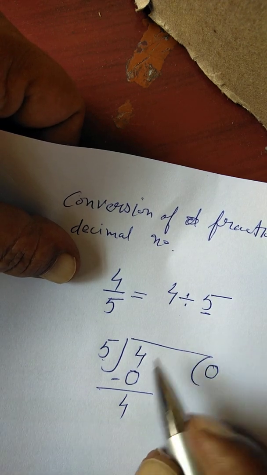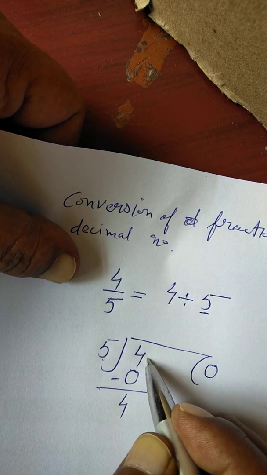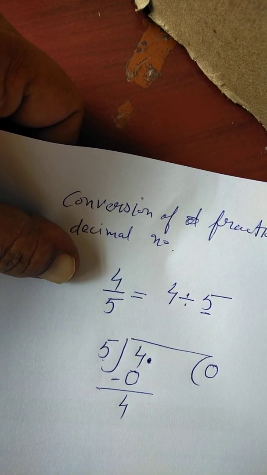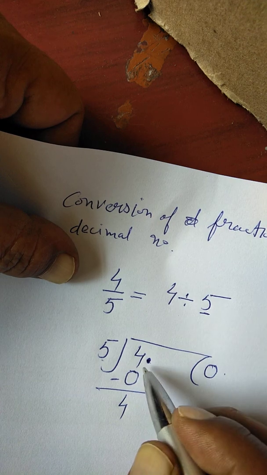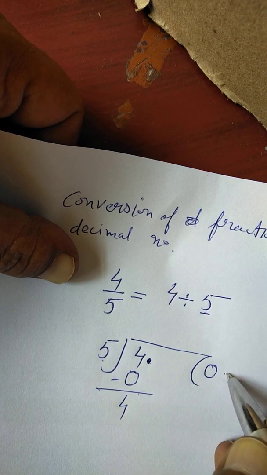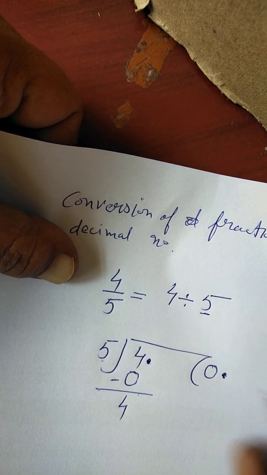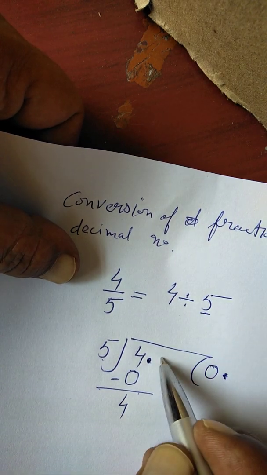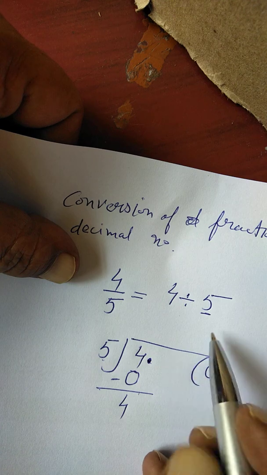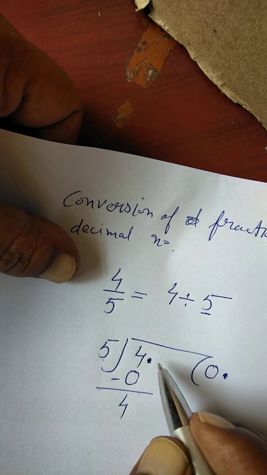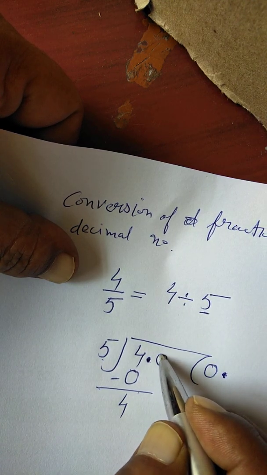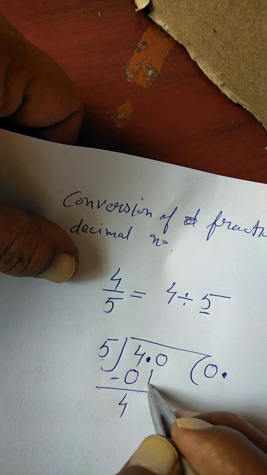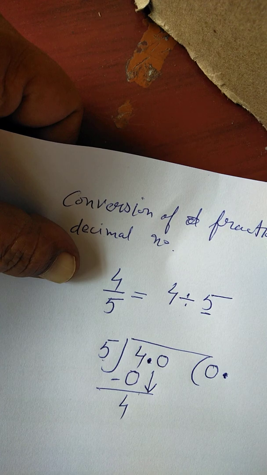Now after that you will put the decimal here, and because it is the turn of decimal now, you put the decimal in the quotient. After that you will add 0 in the dividend. Now down it.